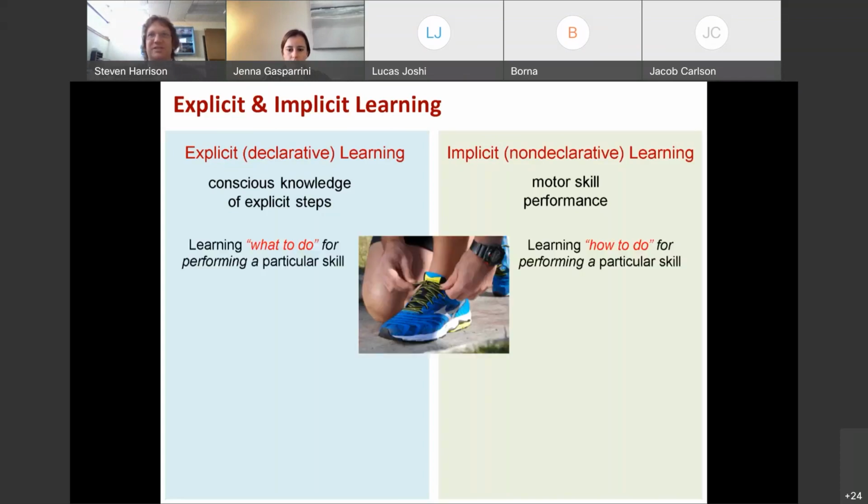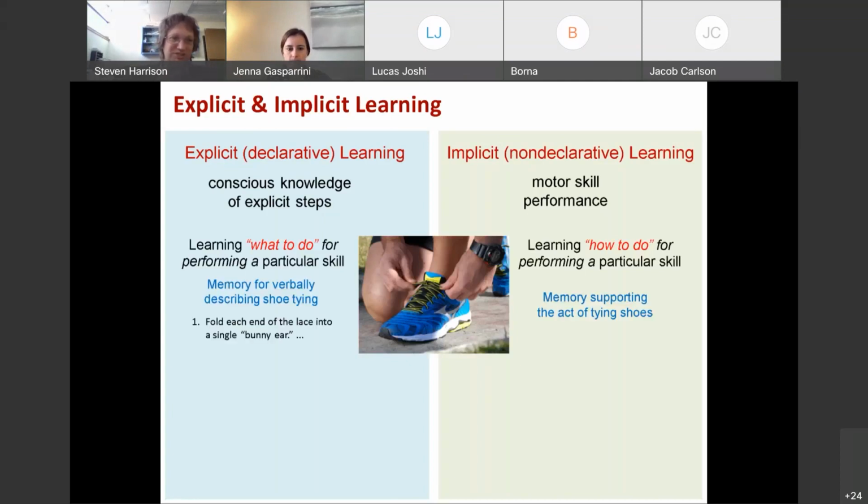So let's take the dumb example of learning to tie your shoelaces. On the one side, we've got learning what to do for performing the particular skill, and on the other side we've got learning how to do the action. When we look on the what to do side, the explicit learning side, we've got knowledge that would be reflected in your ability to have memorized the explicit steps that are involved in tying your shoes.